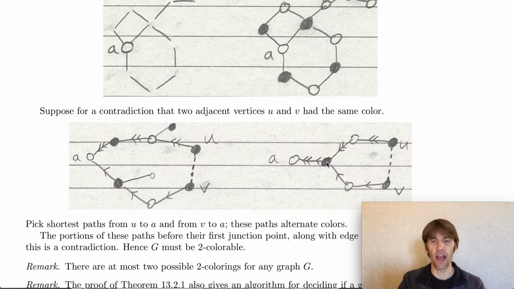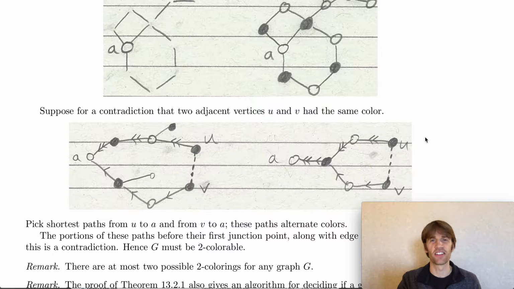In either case, consider now the cycle that goes from u towards A to the first merge, and then from that merging point to v along the shortest path, and finally crosses the edge from v to u. This is a cycle of odd length.